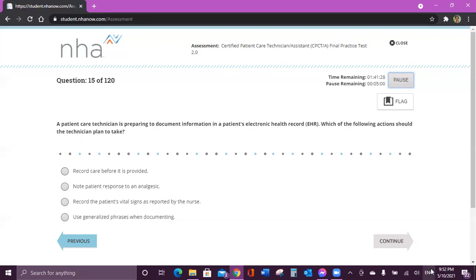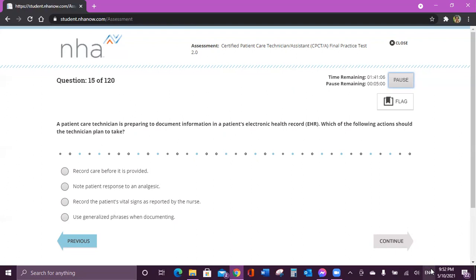A patient care technician is preparing to document information in a patient electronic health record, EHR. Which of the following actions should the technician plan to take? Record care before it's provided?